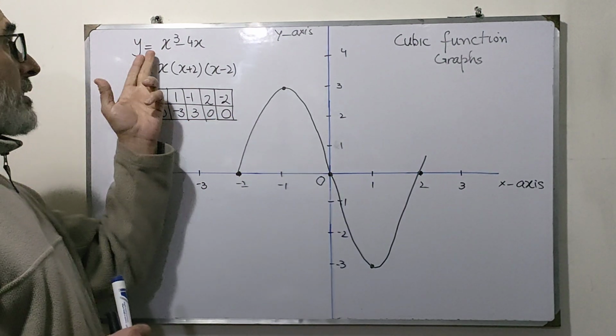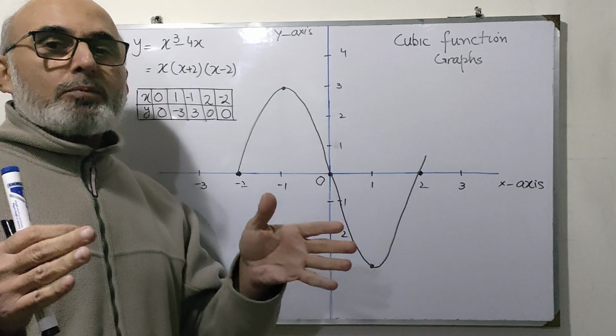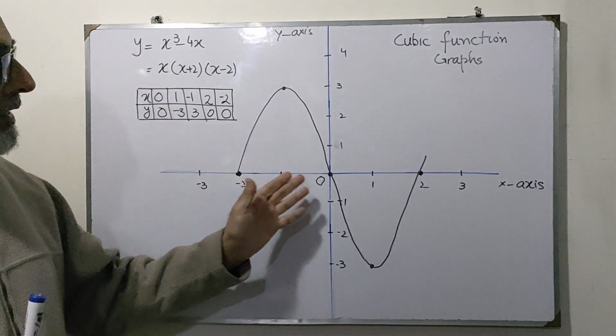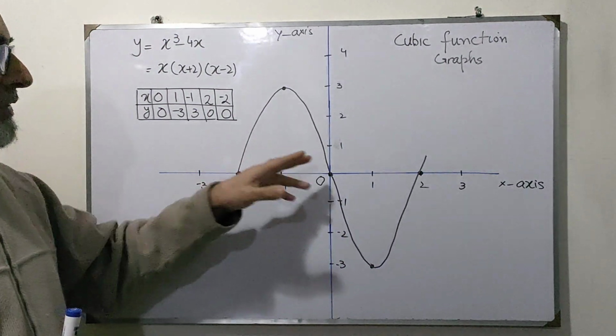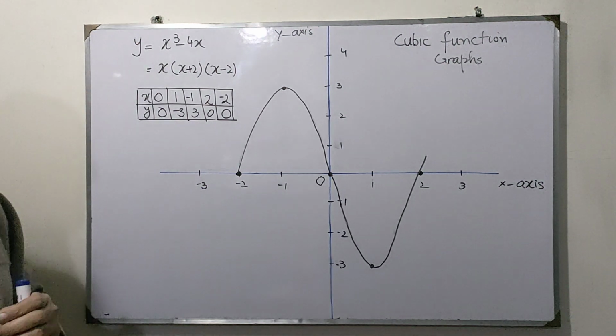So it's a cubic function and the graph is intersecting at 3 points. This will be the situation when we can say that the graph is intersecting the x-axis at 3 points because of the cubic nature.